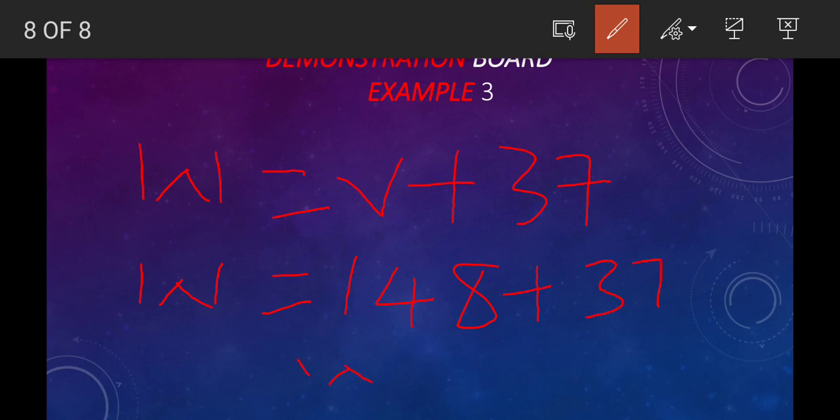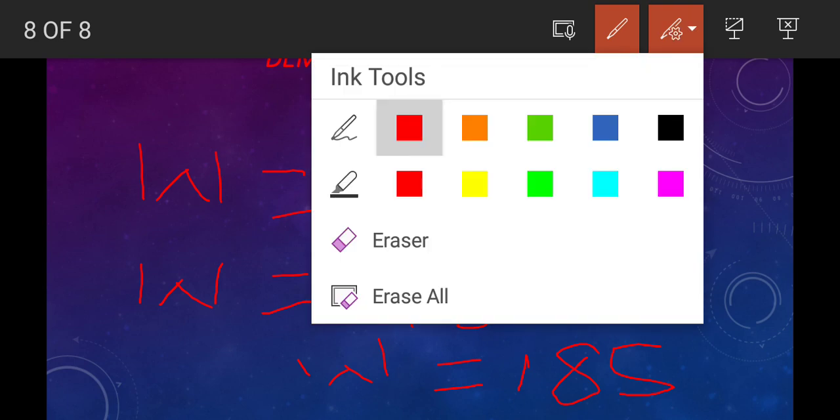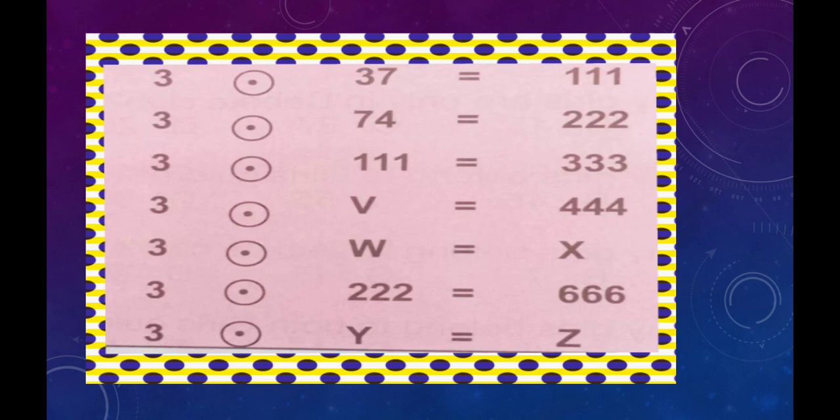So W is now equal to 185. So that's the value of W. That is clear. Now we've gotten our W to be 185.